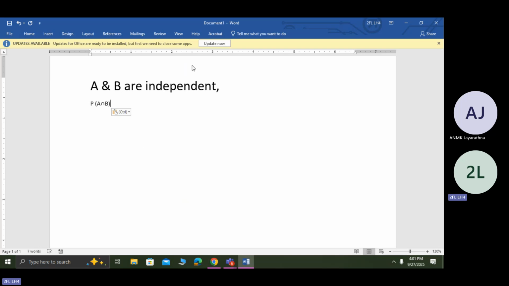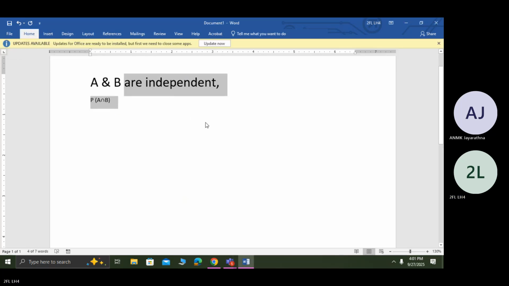If the two events are independent, we can directly calculate the intersection. This is the way.